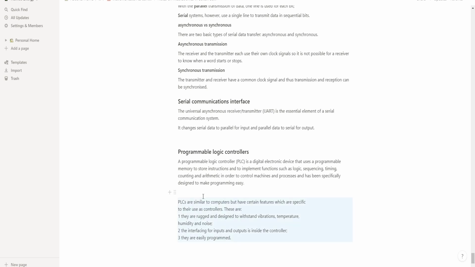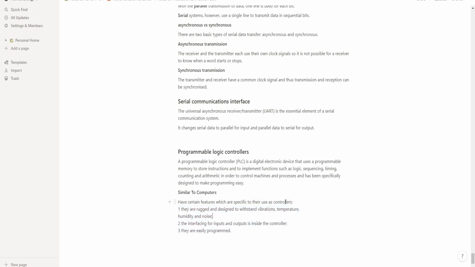So let's put similar to computers, and they have certain features that are specific to their use as controllers.